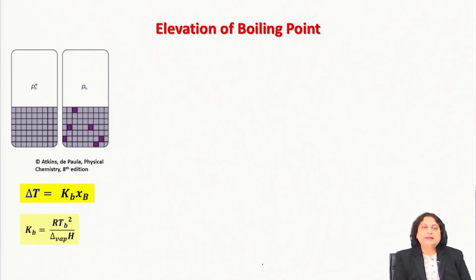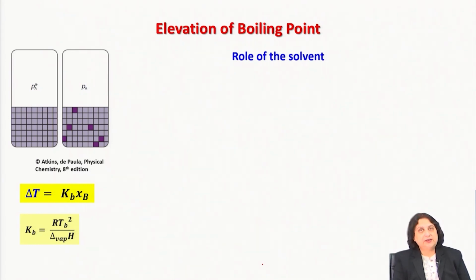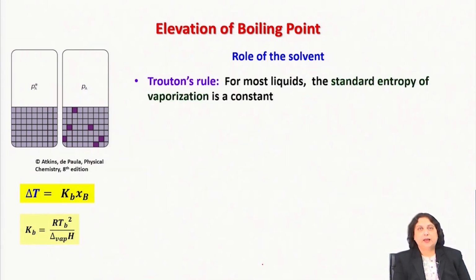Now, what I understand from all these lectures is that we have been able to justify the role of the solute. Now, let us have a critical look at the role of the solvent in the elevation of boiling point when a solute has been dissolved in the solvent.